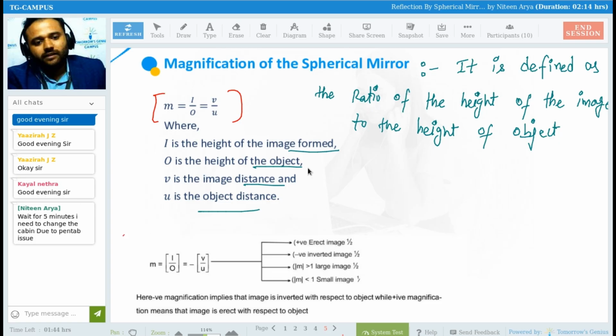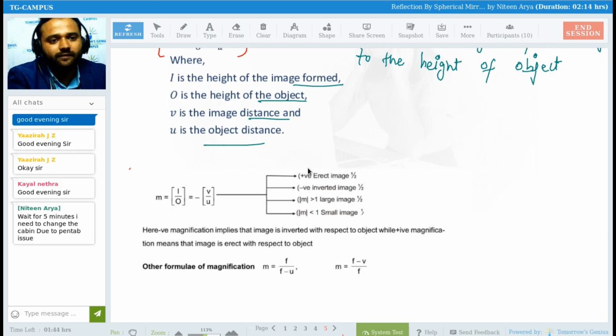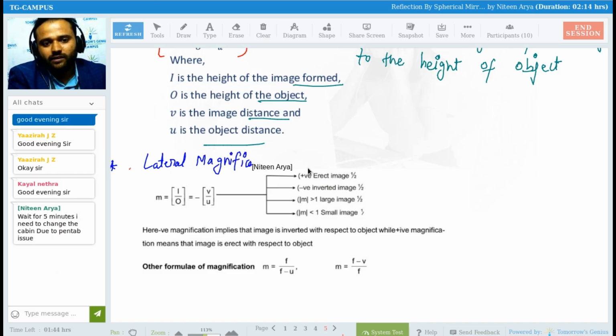Lateral means linear, in one direction. There is one more type of magnification we have, known as areal magnification. So this is your important thing. What is the meaning of this?